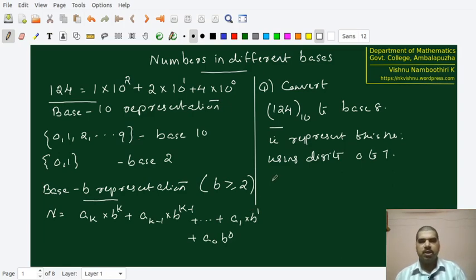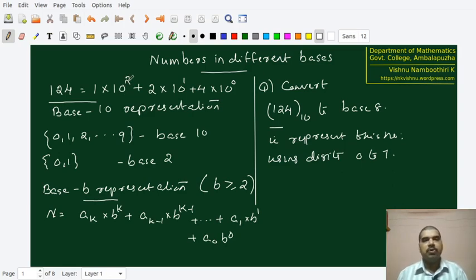That is the question. For converting 124 into base 8, just remember how we wrote the expression for 124 in base 10. We took the largest 10th power that can be accommodated in 124, which is 10 square. Then we took the second largest 10th power that can be accommodated in the remaining part.